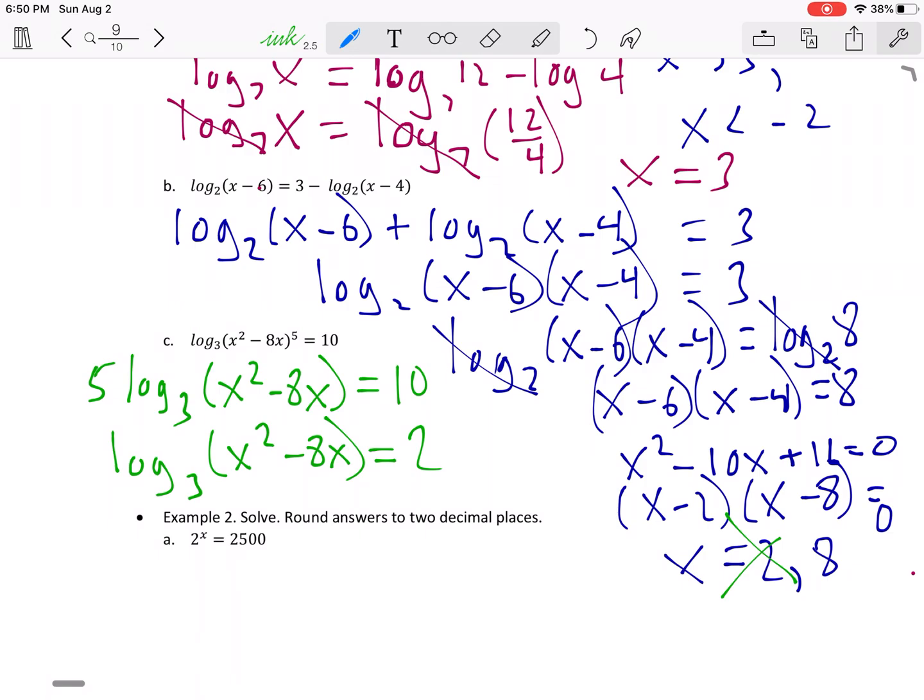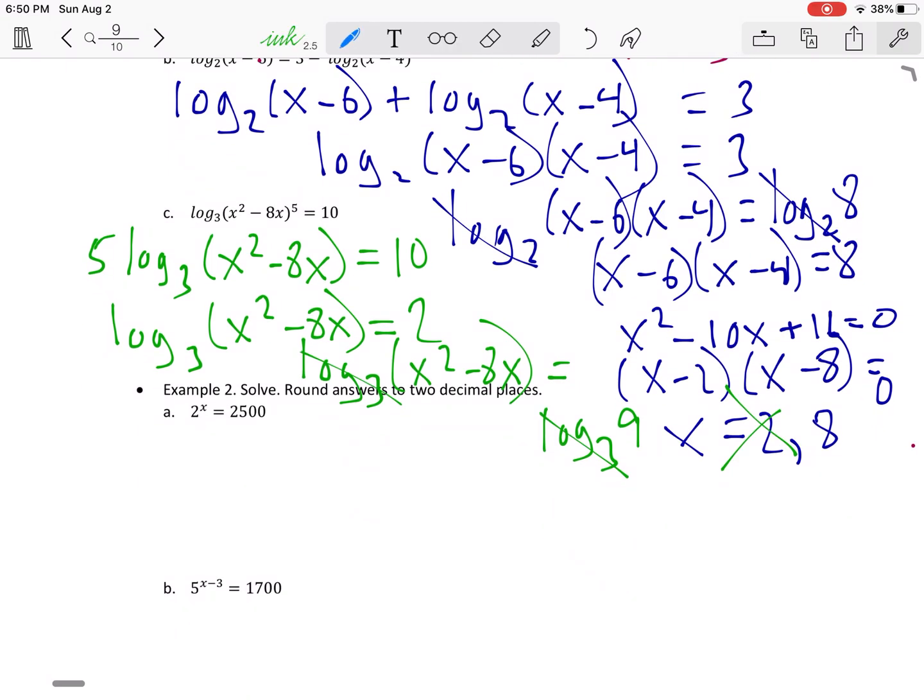So we want to do something that gets rid of the 2 and makes it a log 3, so we need the equivalent. That's going to be log 3 of 9, because 3 squared equals 9. So the log 3's go away on both sides.